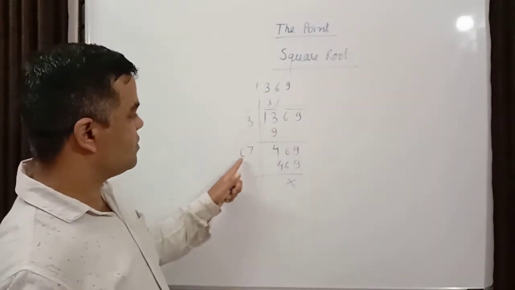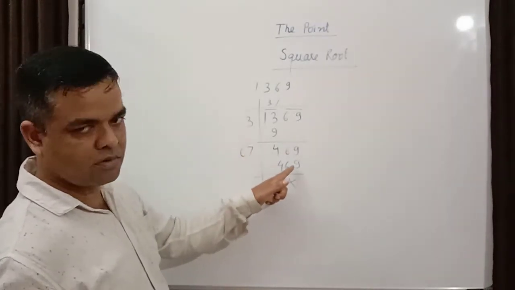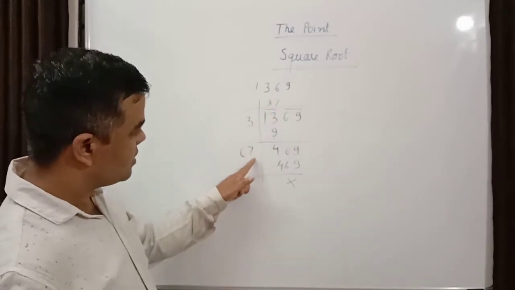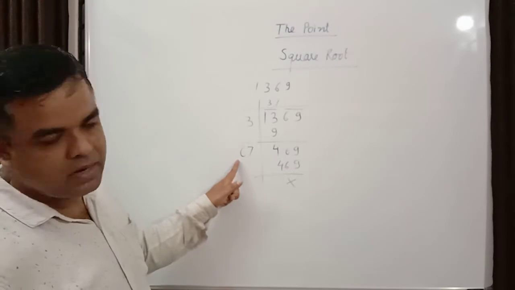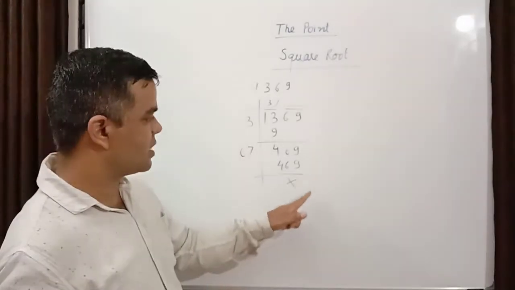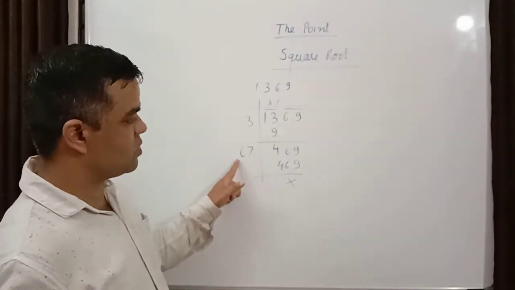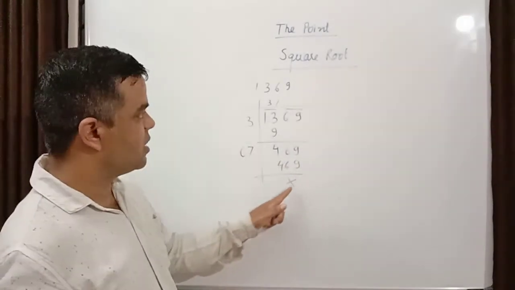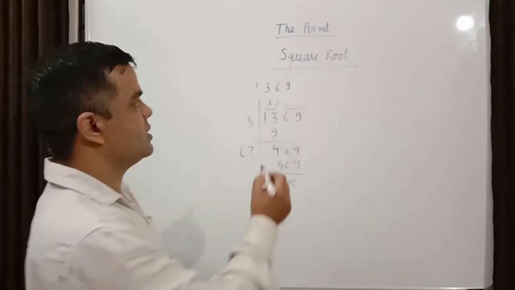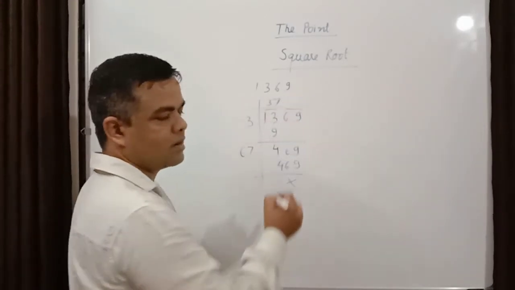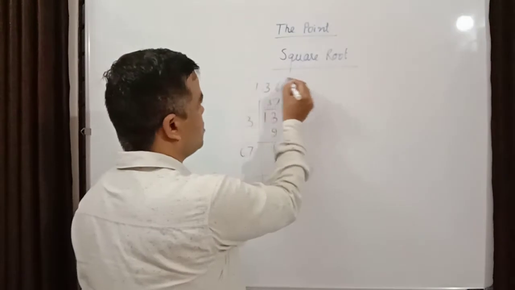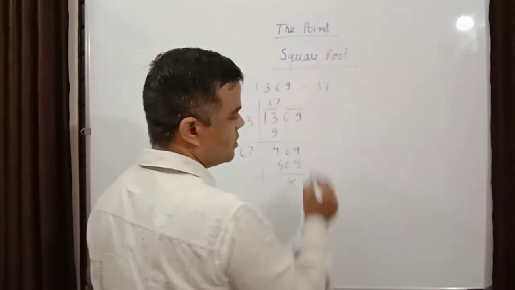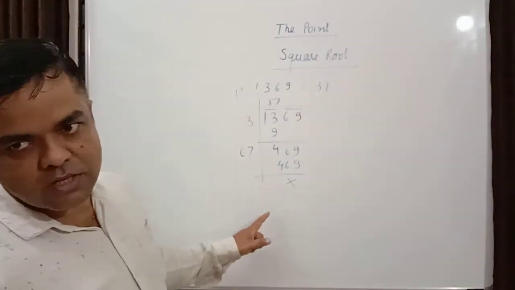If you take 6, it will be less. So by taking 7, write 7 here, then multiply this number by 7. 7 times 7 is 49, carry 4, 7 times 6 is 42, and 4 is 46. So now this is completely balanced and over. The square root of 1369 will be 37. I think now this will be clear.